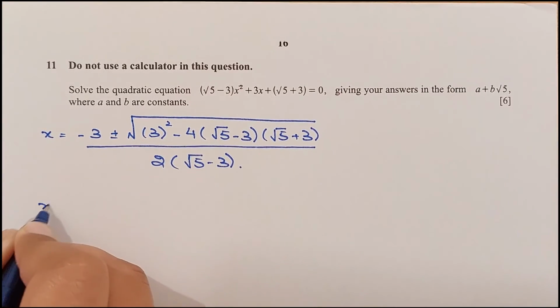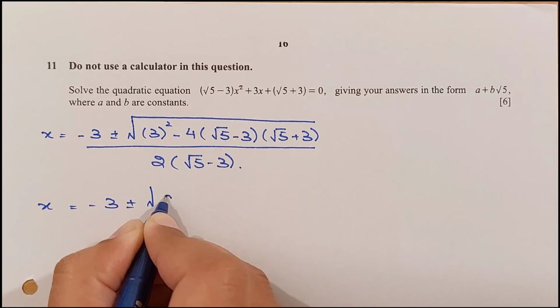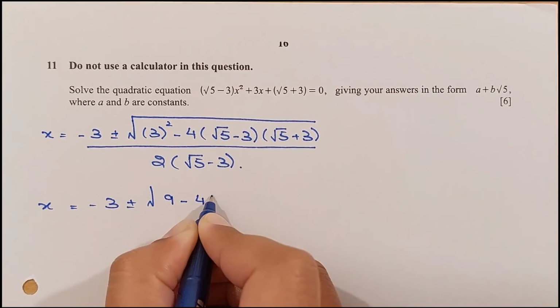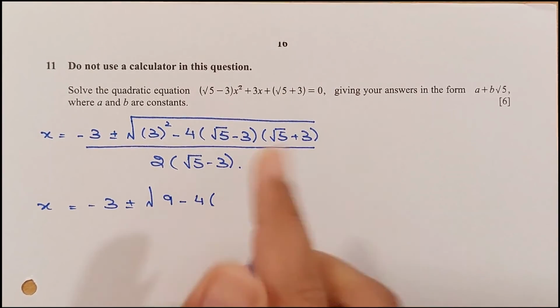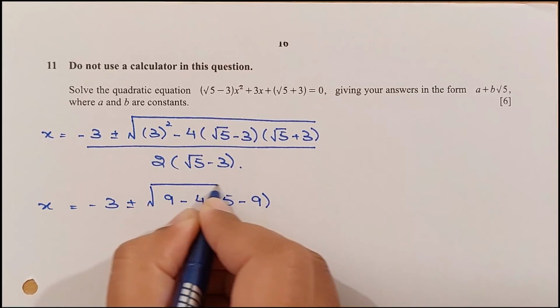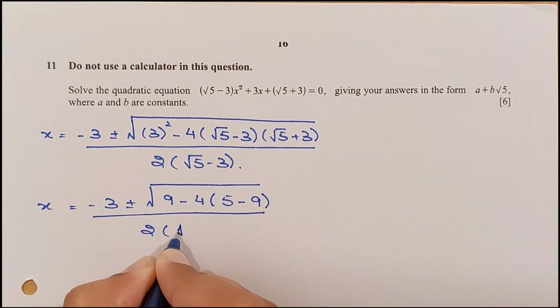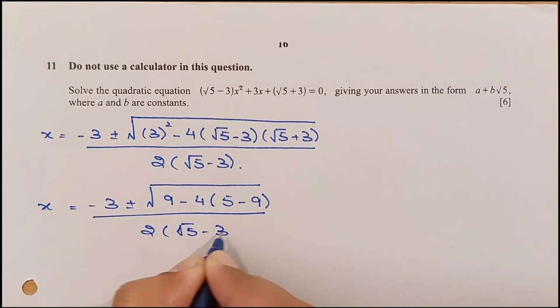Okay, so here x is equal to minus 3 plus minus square root of 3 squared is 9 minus 4, this is square root of 5 squared, this is 5, minus 3 squared is 9, divided by 2 square root of 5 minus 3.